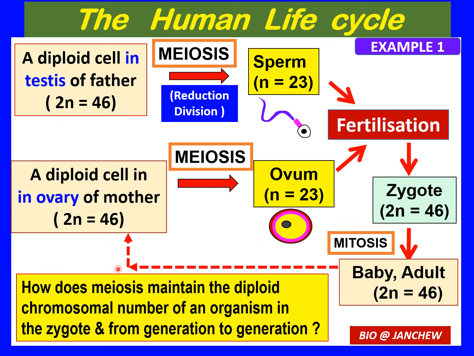This is how meiosis helps to maintain the diploid chromosomal number of an organism in the zygote, and from one generation to the next generation, from father to child, and from the child to the child's children, and so forth.